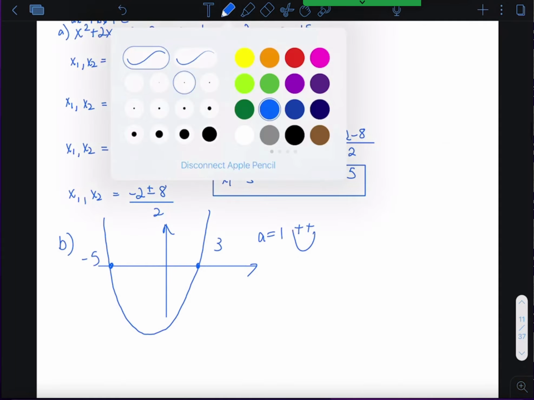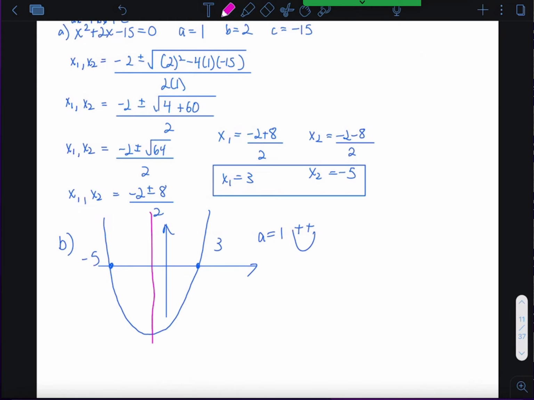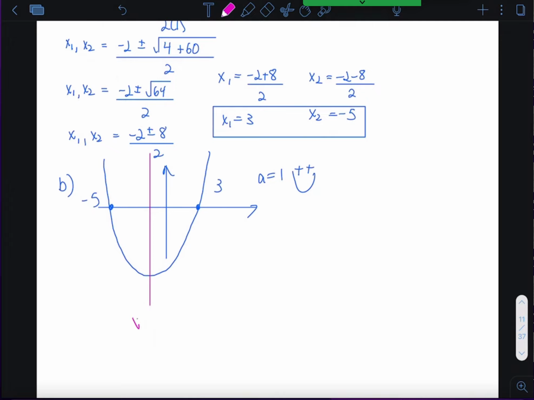But the question here is asking about the axis of symmetry. So how do we find the axis of symmetry here? Well, I can see pretty obviously that the x value, we call it xv, the x value of the axis of symmetry is going to be the midpoint of the roots.